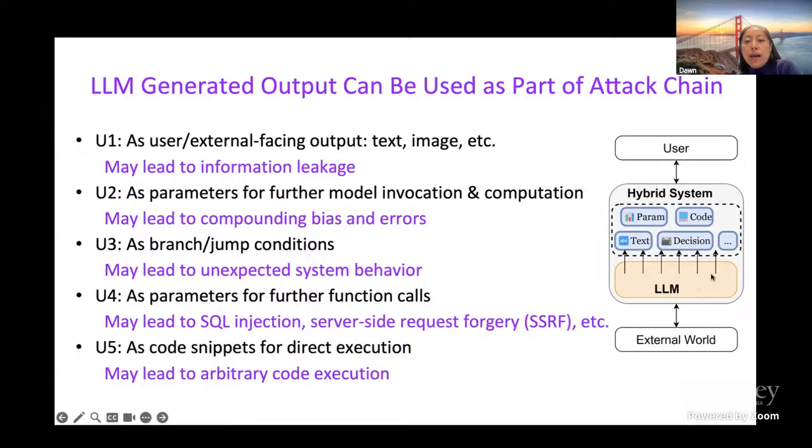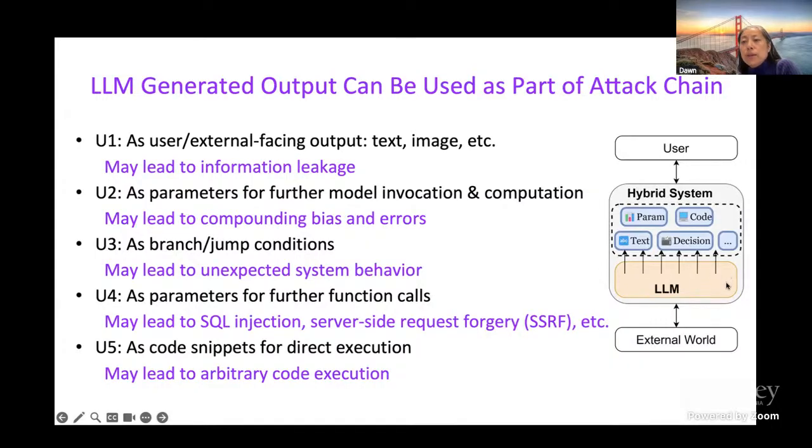And also the LLM outputs could be interpreted as branch or jump conditions to alter the control flow of the rest of the system. And in this case, issues in generated outputs could lead to unexpected system behaviors.